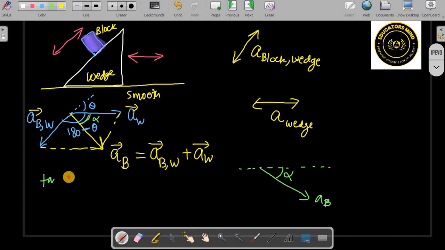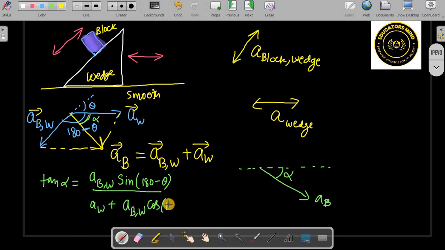Remember, tan alpha can be calculated from here. How? Tan alpha is b sine theta, where b means the acceleration with respect to the wedge, and sine theta means sine of 180 minus theta, divided by a plus b cos theta. Remember this formula. Using this, of course, we can get some idea about tan alpha.